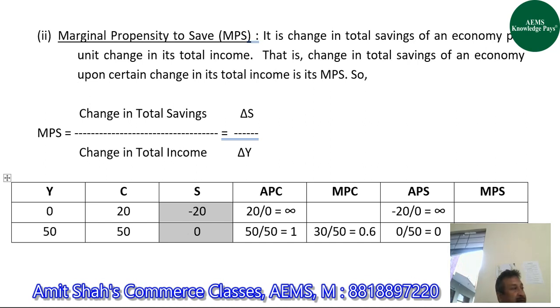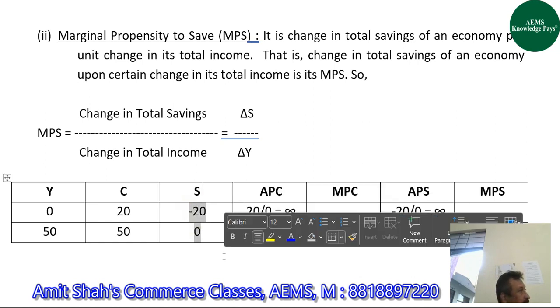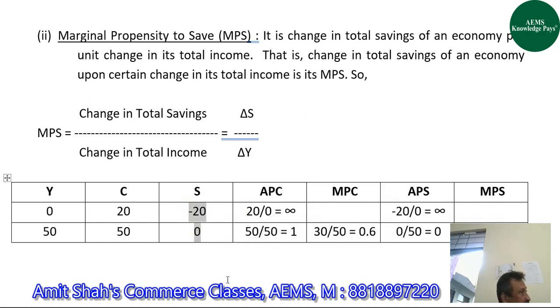What is the change here in savings? 20, right? That is 0 minus minus 20, means plus 20. And change in income is 50.